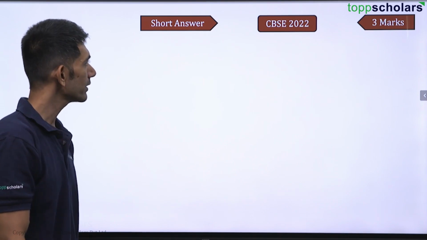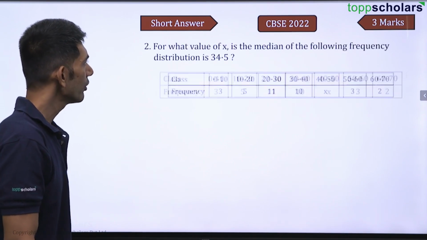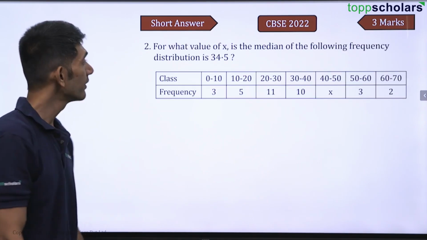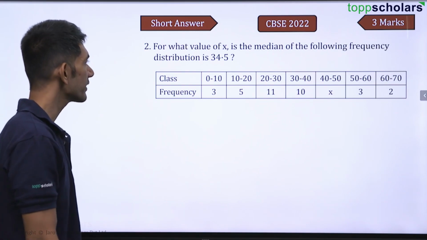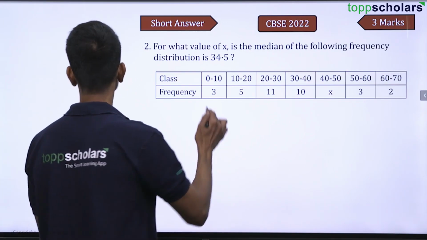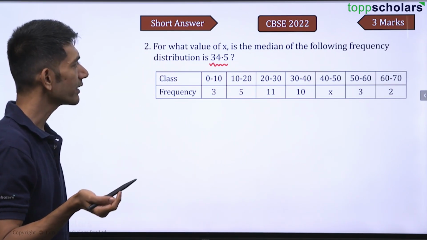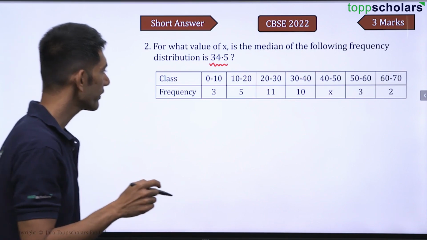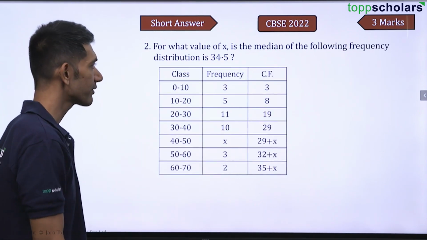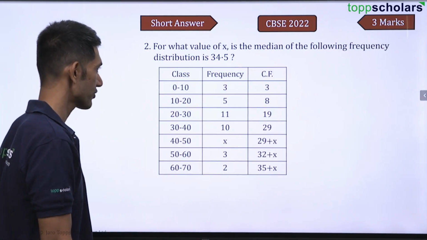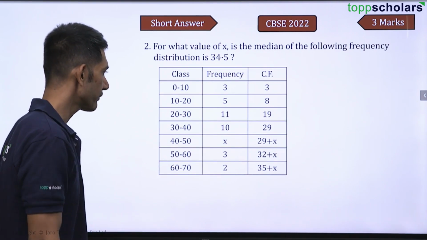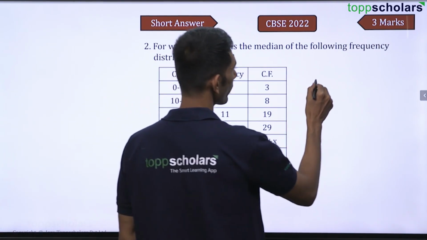Alright, so let us have a look at a new question now. It says, for what value of x is the median of the following frequency distribution 34.5? So 34.5 is already given as the median.